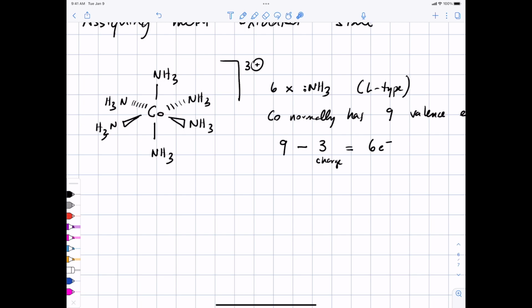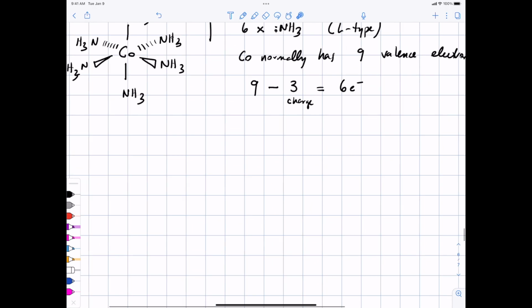Cobalt normally comes with 9 valence electrons. The only way for it to be 3+ is if it has 6 instead of 9. Sort of follow that through? Not that complicated. Why are we spending time on it? I'll show you in a little bit. So that means that overall, cobalt is at the oxidation state of +3.